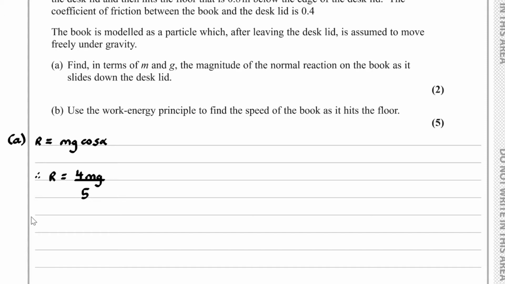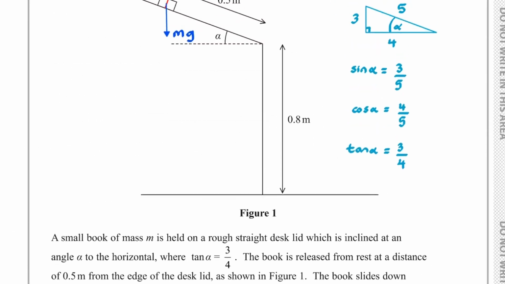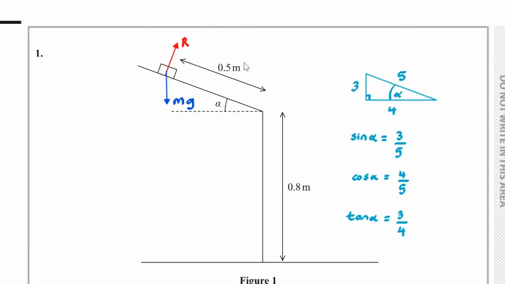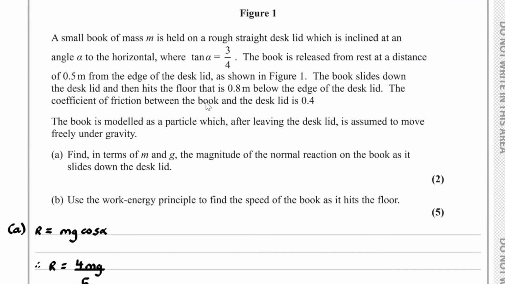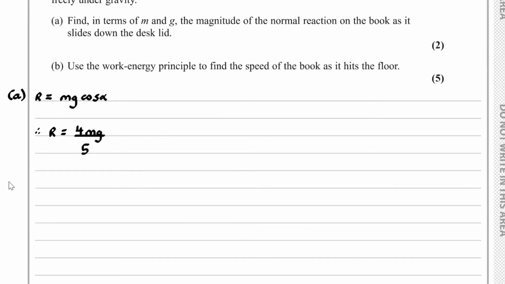Now for part B, we have to use the work energy principle to find the speed of the book as it hits the floor. Before we do anything else, we can find out the work done against friction. The work done against friction is equal to the force multiplied by the distance.